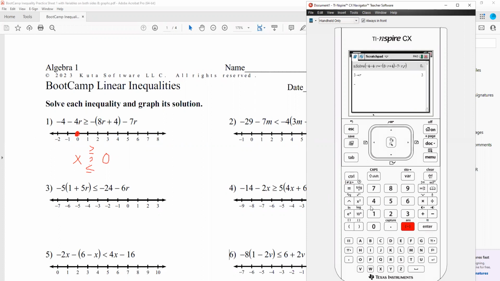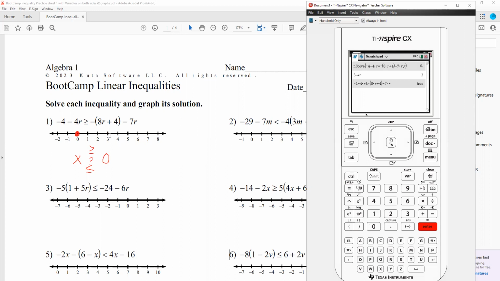So it's going to be -4 minus 4r is greater than or equal to, and to get that you press control and then the equal sign. And then it's going to be negative, parentheses, 8r plus 4 minus 7r. And then I press enter, and I get a true statement.